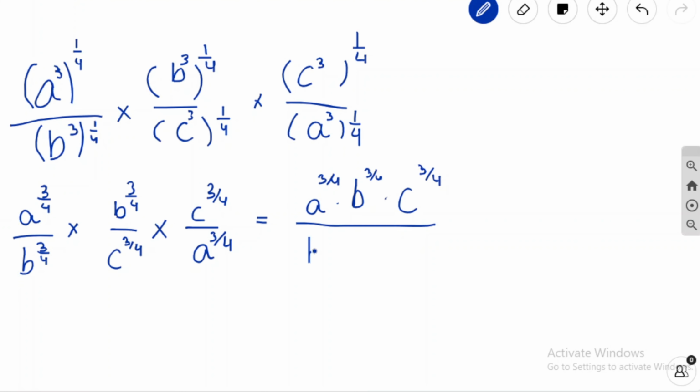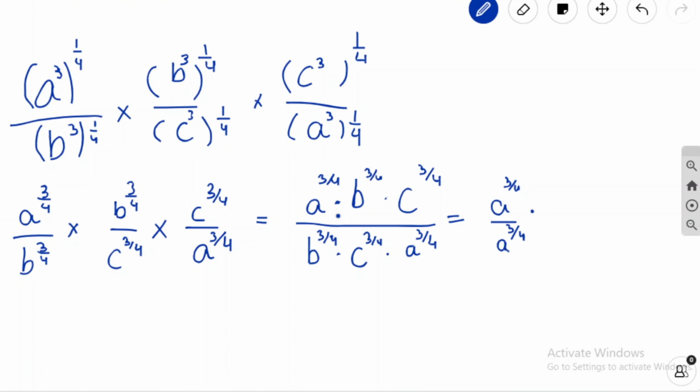This one and this: b raised to the power 3/4, times c raised to the power 3/4, times a raised to the power 3/4. Here this is a, and we know that we can make the fractions by taking any number from the numerator and any from the denominator. So we'll take the similar base here, a raised to the power 3/4 over a raised to the power 3/4.